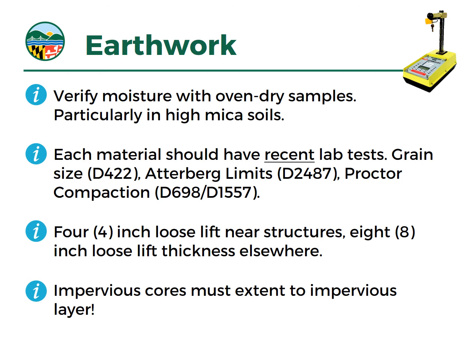So oven dry samples are a good thing to do, and then you can develop a site-specific correction factor sometimes, so that you can input that correction factor into the nuclear gauge and take away that bias from the high mica content.